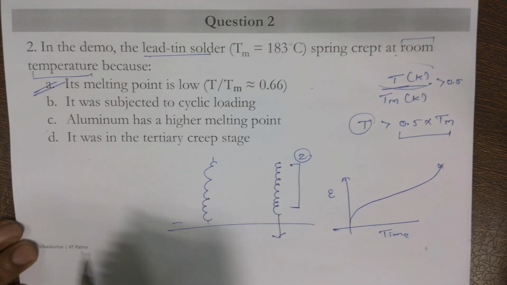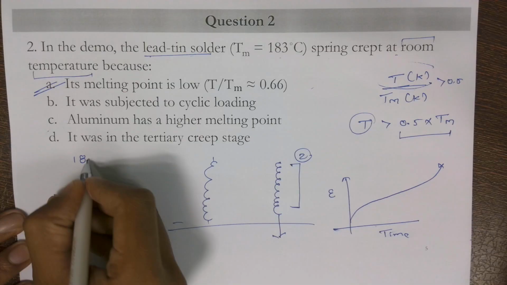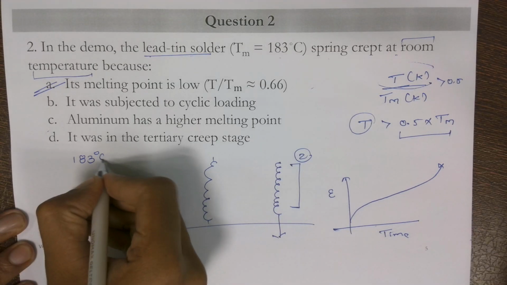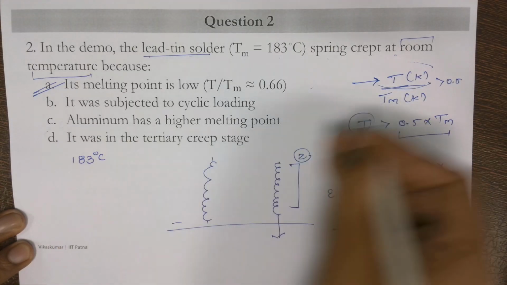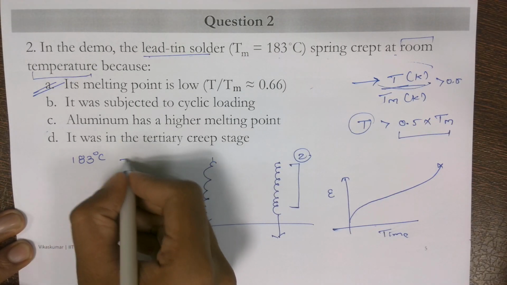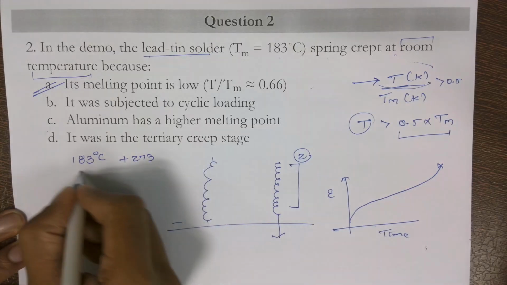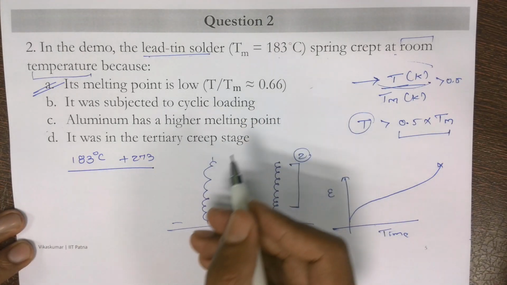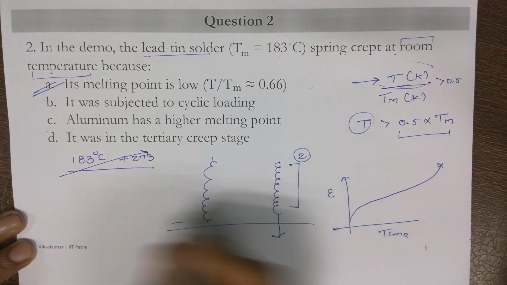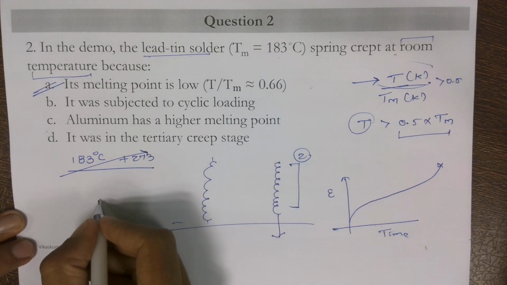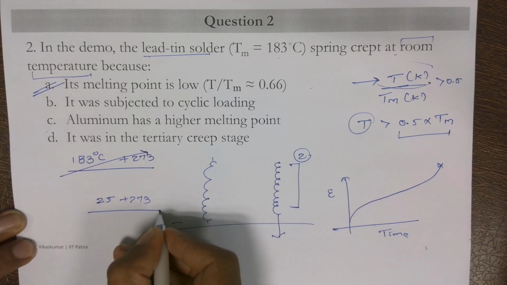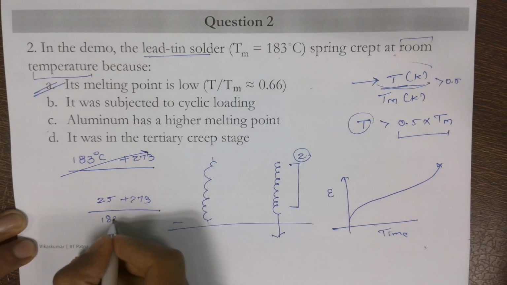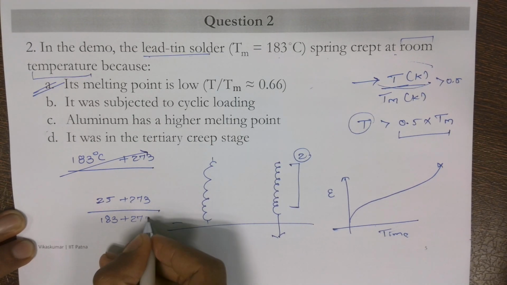Now for our case, the melting point is 183 degrees Celsius, but we have to convert it to Kelvin, right? So we'll add 273. The test temperature is room temperature, so 25 degrees Celsius plus 273, divided by the melting point 183 plus 273.